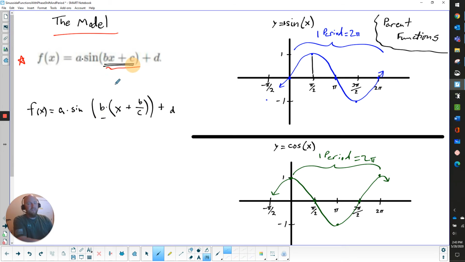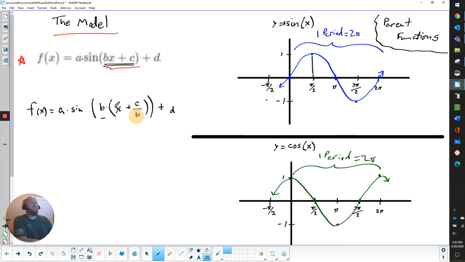Factoring B out of BX is not that difficult, but factoring whatever this B value happens to be out of some fraction or number, essentially, I wrote it upside down. So this should be C over B.